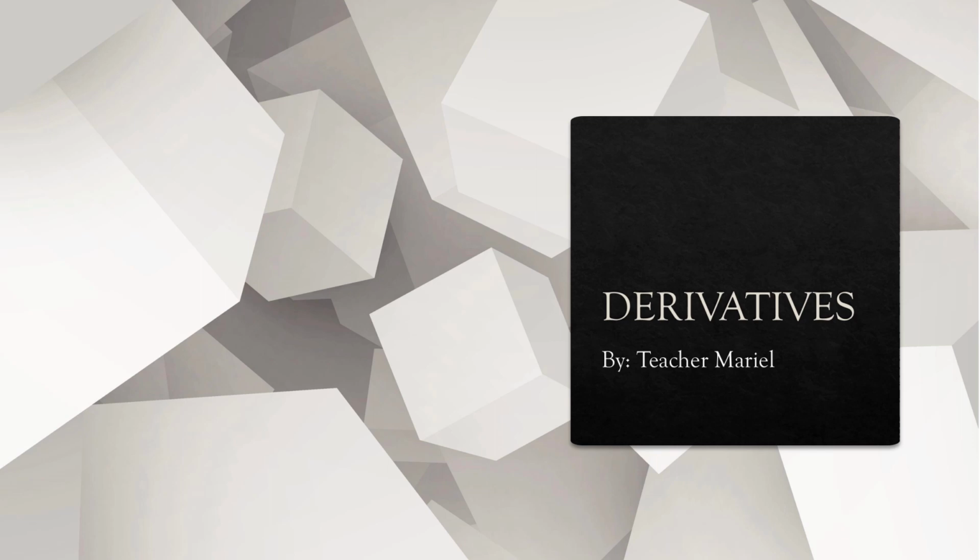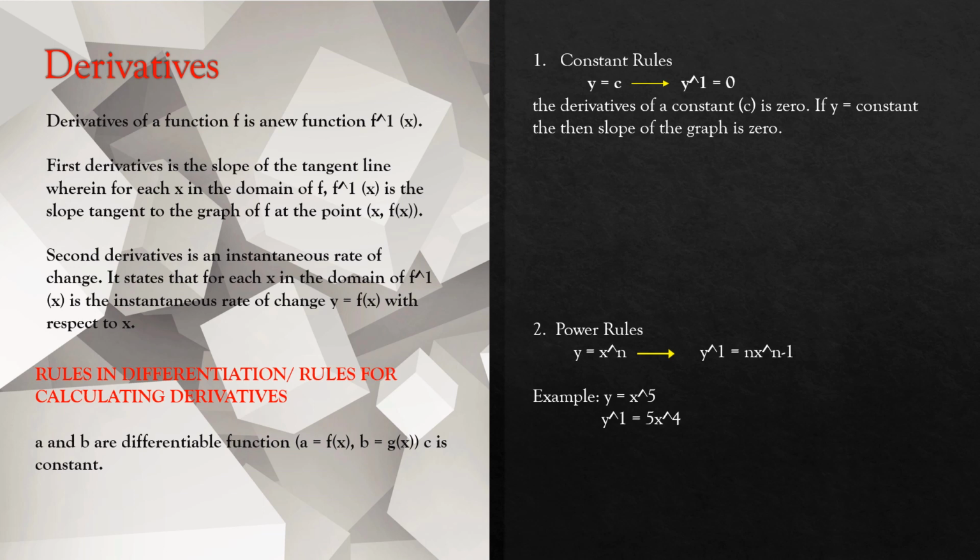I'm your teacher Marielle, and for today's video I will discuss the basic derivatives, or the introduction to derivatives. The derivative of a function f is a new function, f prime of x. The first derivative f prime is the slope of a tangent line, wherein for each x in the domain of f, the derivative of f at x is the slope of the tangent to the graph of f at the point x, f of x.